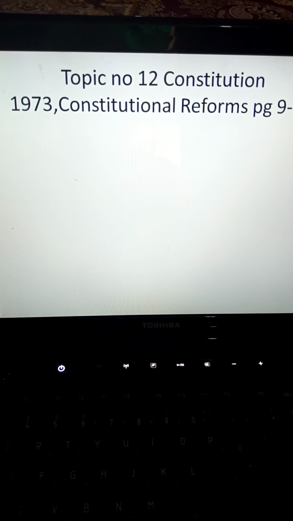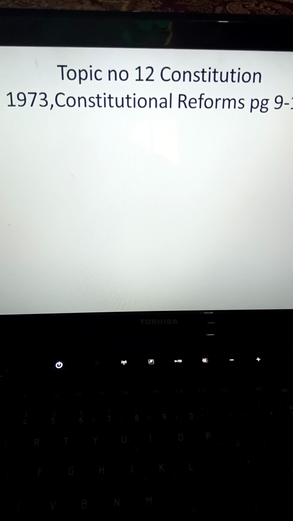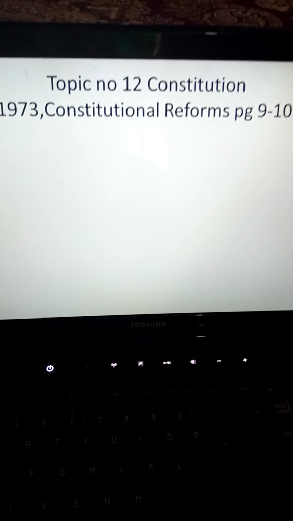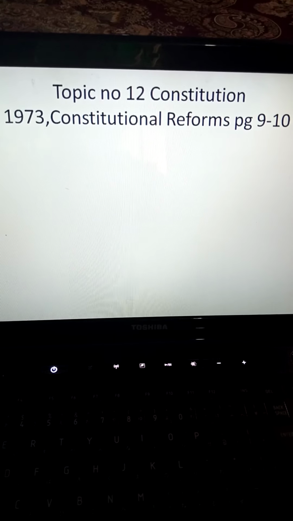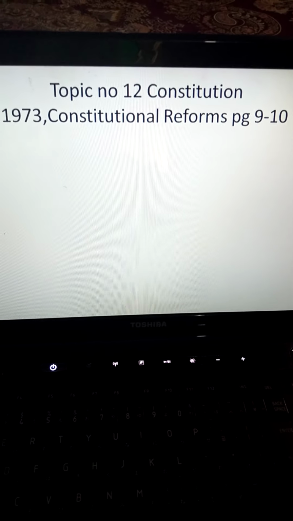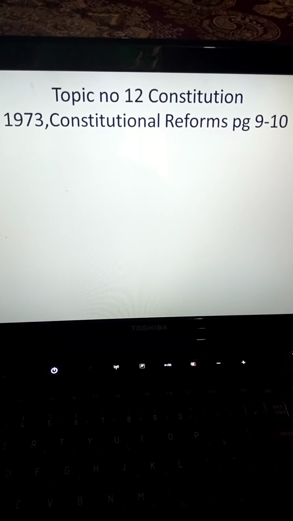Topic 12, Constitution 1973. This is the most important topic, and we are going to discuss the Constitution 1973, or the constitutional reforms, page 9-10 in your textbook.